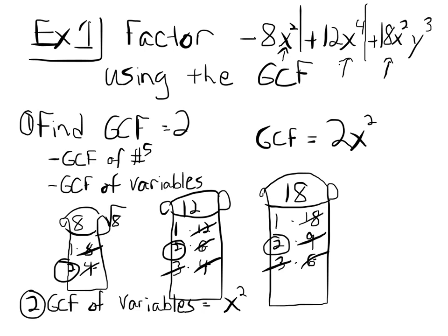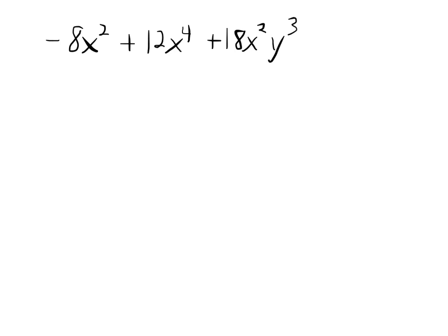Now that we found the GCF, I'm going to start a new page, so I'm going to rewrite the original problem, which was negative 8x squared plus 12x to the 4th plus 18x squared y to the third. Step 1 was find the GCF.